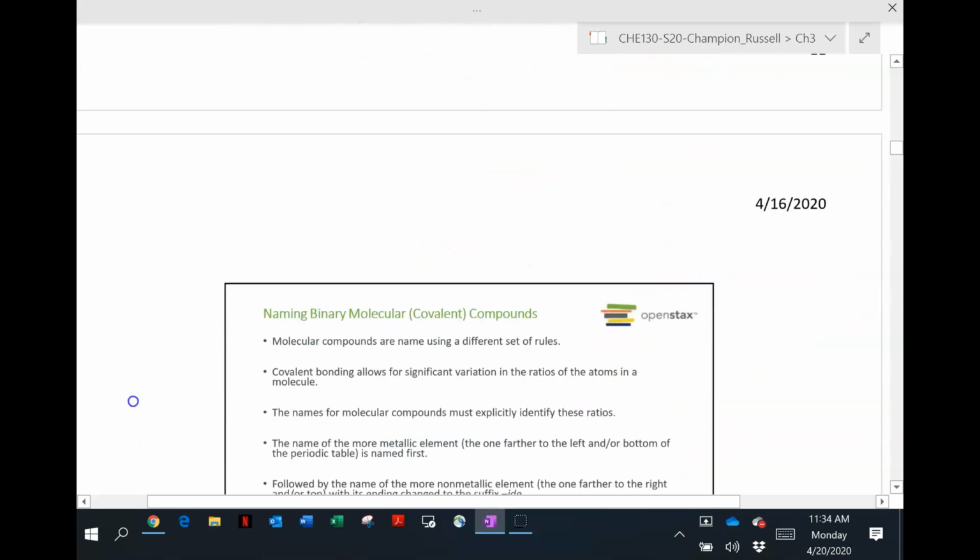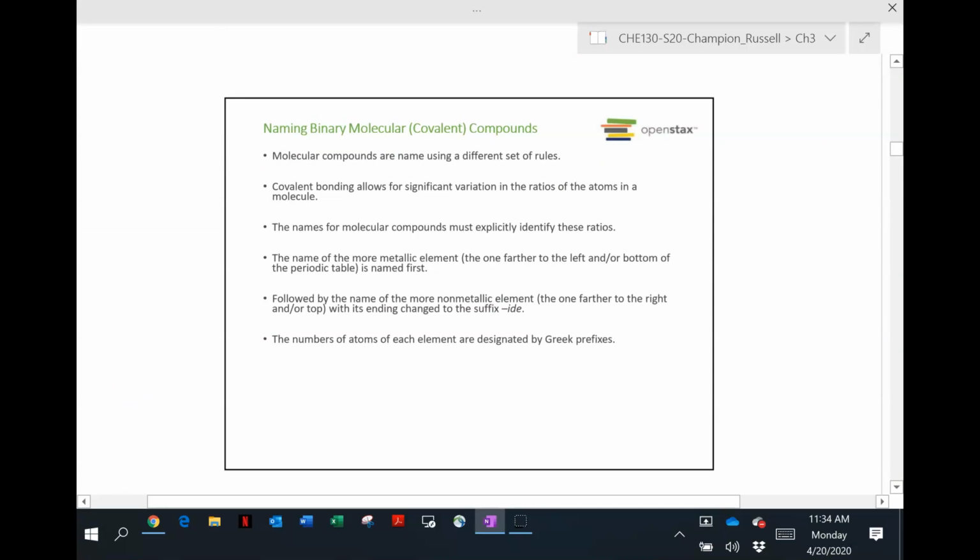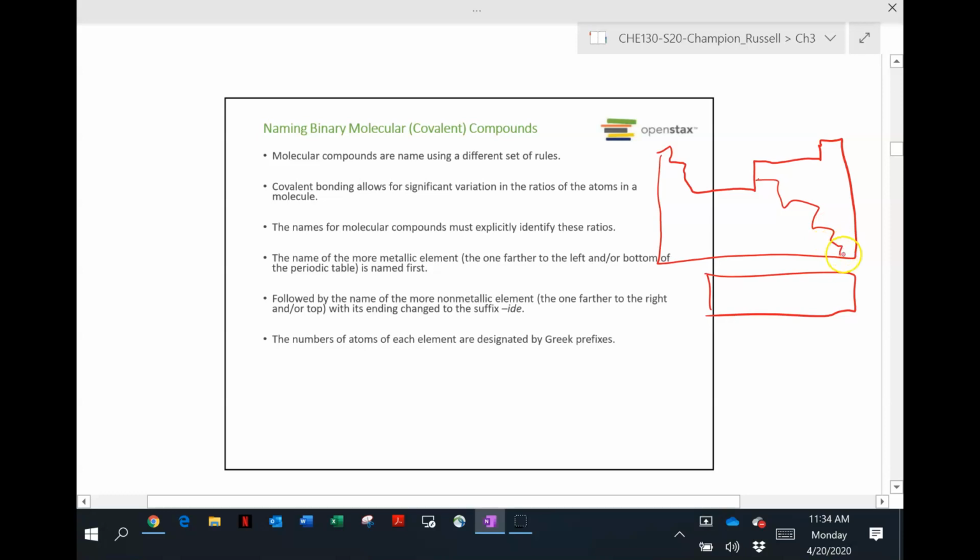All right, if we look at molecular covalent compounds, so if you think about the periodic table as being like this, remember that there is, and that's really not to scale, a staircase line over here. These are the nonmetals, and hydrogen up here is a nonmetal. So if we have two elements, binary, that means two elements, that are both nonmetals, we're going to have a binary covalent or molecular compound.